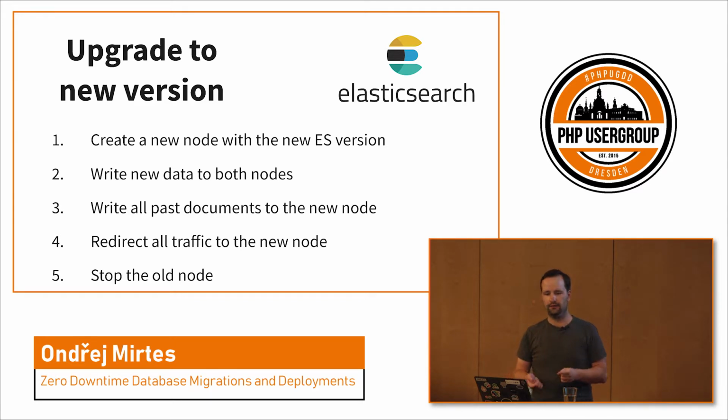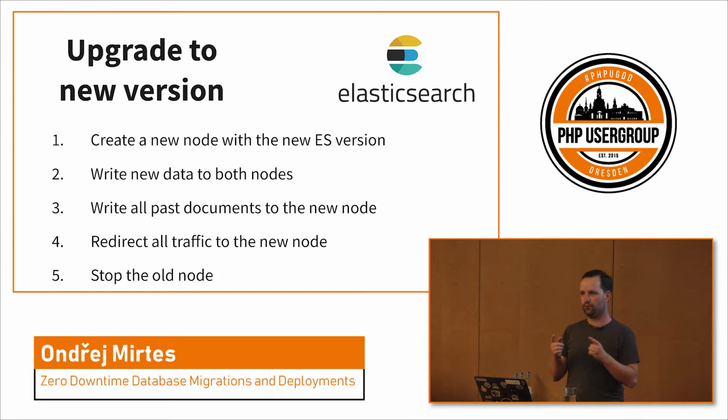And now you have two servers, two Elasticsearch versions that are identical, and you can use either of them, which means that between steps 3 and 4, you can test that your application works with the new Elasticsearch version, with the new server. And once you are sure, you can redirect all traffic to the new node.